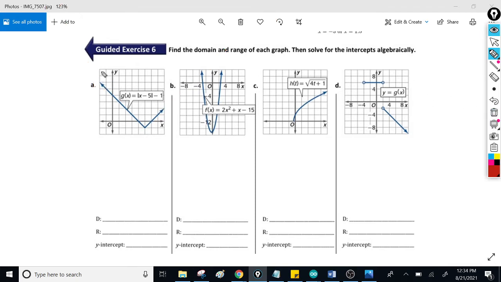So this absolute value graph right here starts at negative infinity, since this line will keep going to the left and keep going higher and higher forever. So that means it starts at negative infinity. And then the right side will be positive infinity because it will never stop.